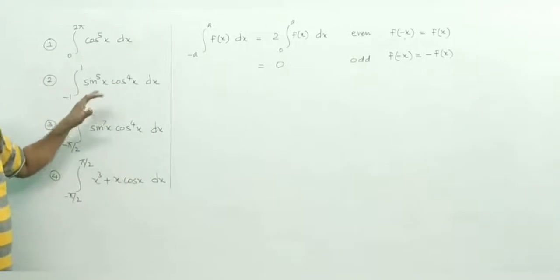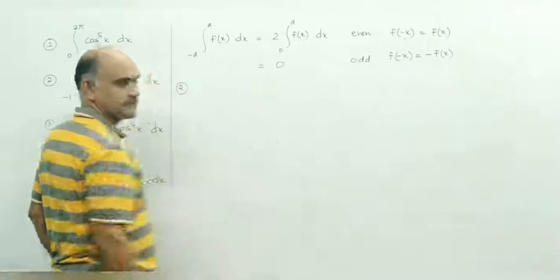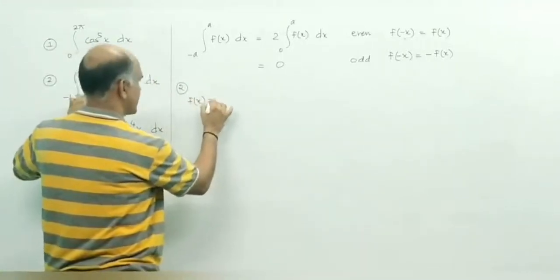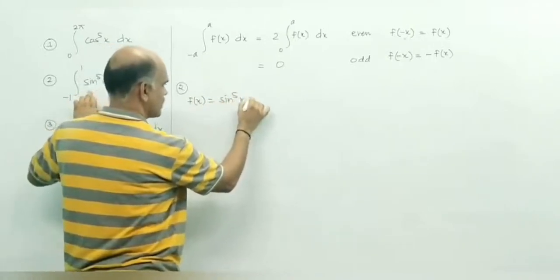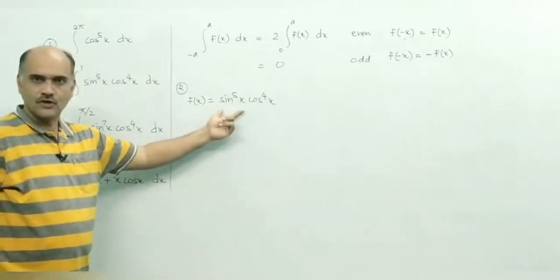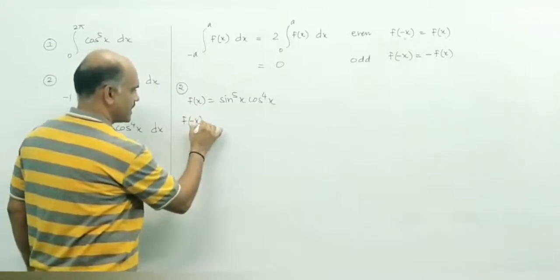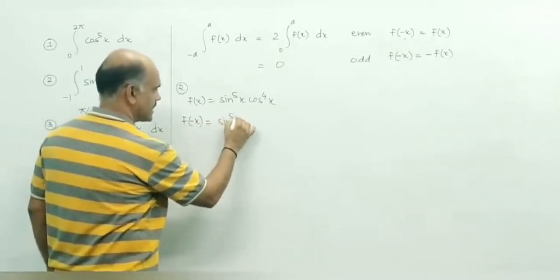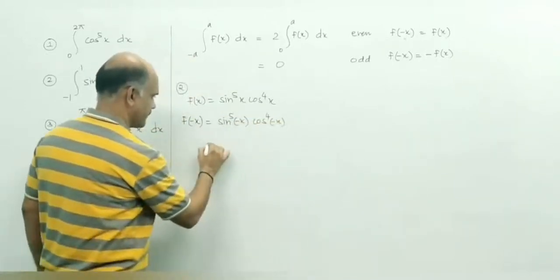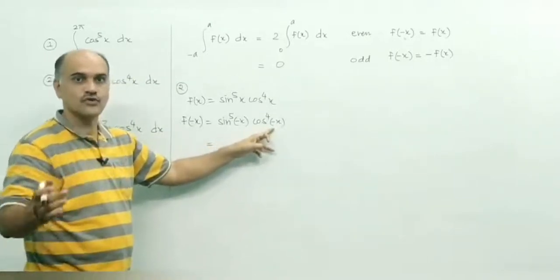Now if you observe these problems, the second one I will solve here. f of x is sin raised to 5x into cos raised to 4x. Check whether it is even or odd, means in place of x substitute minus x. So f of minus x is equal to sin raised to 5 of minus x, cos raised to 4 of minus x. Cos of minus x is cos x, fourth quadrant.